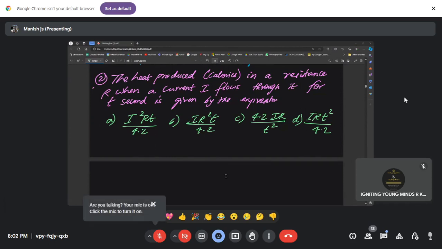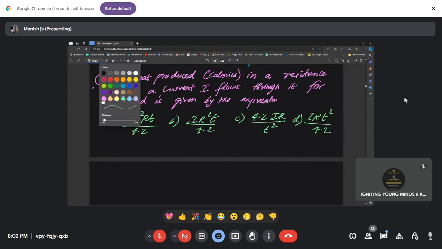So which one do you think, children, will be the answer here? Sir, option B. Second option. Okay, we'll look at it. I square RT is definitely correct. That is the heat formula.